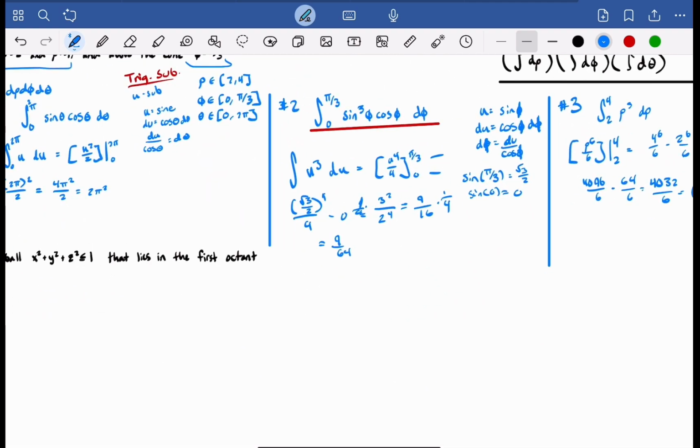And then finally, combining all our values, we have 2 pi squared times 9 over 64 times 672.